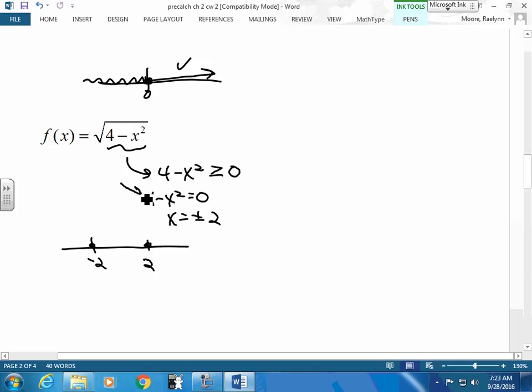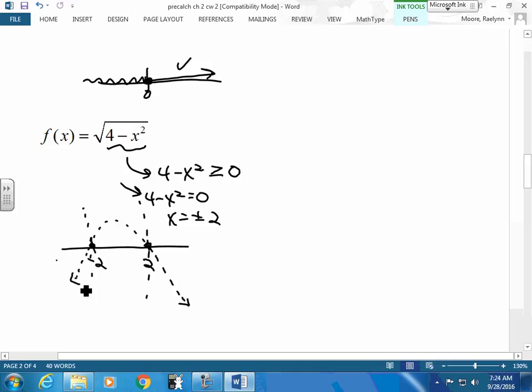Which way is this parabola opening? Up or down? Down. And if you don't catch that right away, put it in your y1 and graph this. And again, test your intervals. Look to the left of negative 2, see the value of y. Look in between, look to the right. Your parabola is going to go like this.